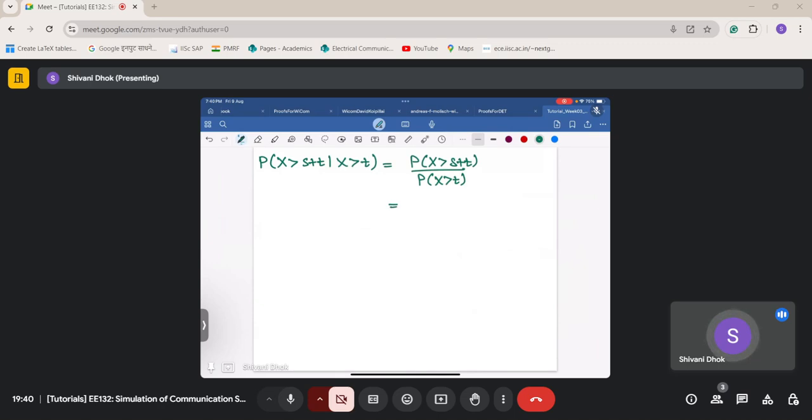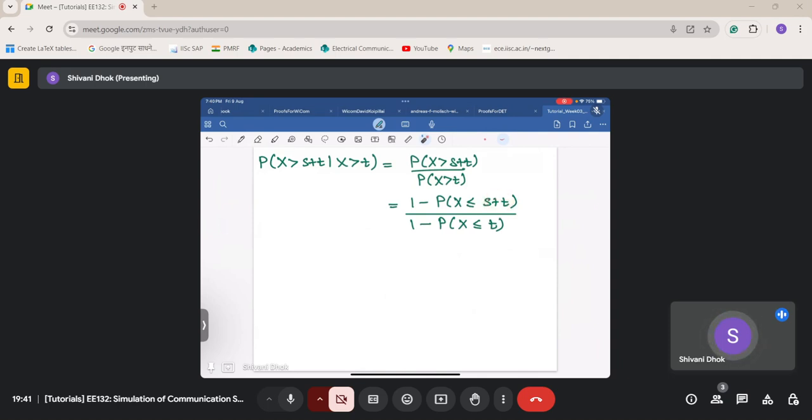The numerator I can write as 1 minus probability that x is less than or equal to s plus t, and denominator I can write as 1 minus probability that x is less than or equal to t. So this particular quantity here, probability x less than or equal to s plus t, is simply the CDF evaluated at s plus t.